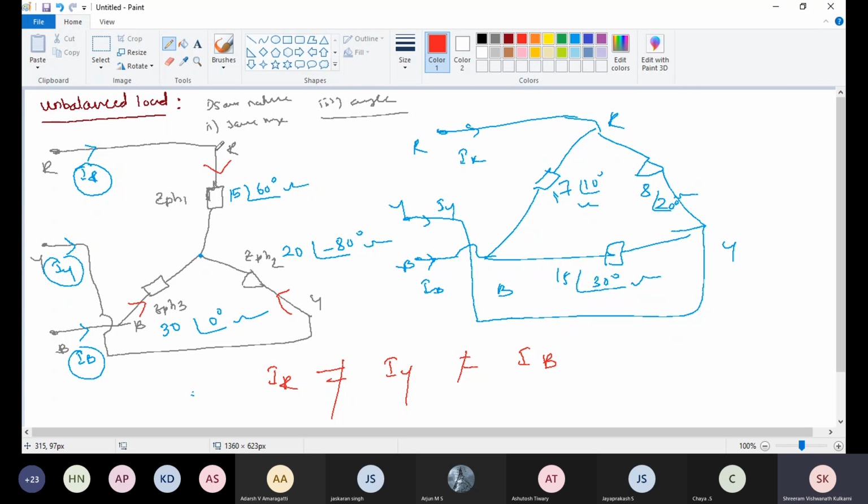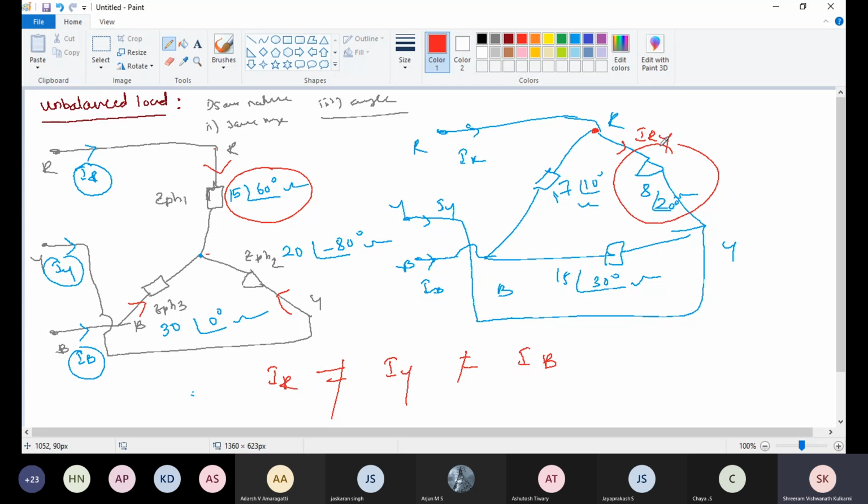The current flowing in this phase depends on this impedance, that is 15 angle of 60°, and same for all the three phases. Here for the delta connected load, current flowing here, IRY, also depends on this 8 angle of 20°.